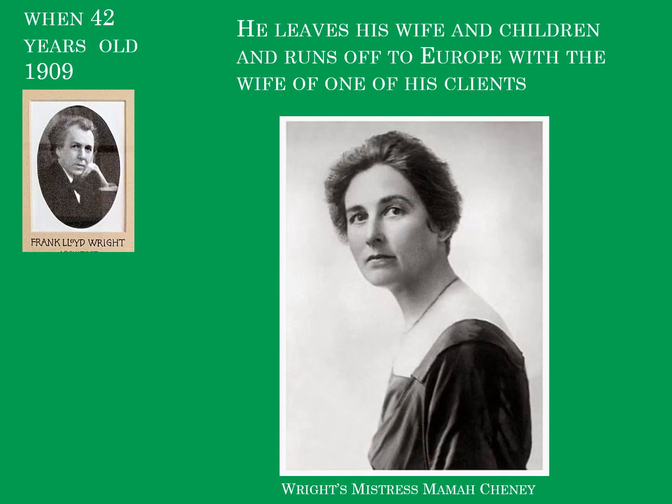Okay, so now a different topic here. And an important one, Frank Lloyd Wright leaves his wife and children. He runs off with the wife of one of his clients, and it is a major scandal, and they kind of flee to Europe. They travel around a little bit, and then they settle in Italy.